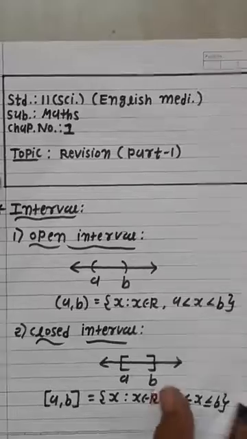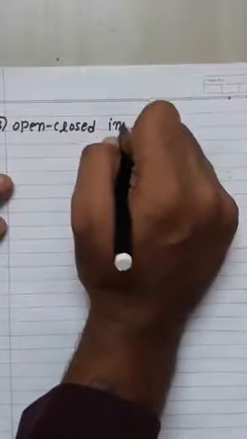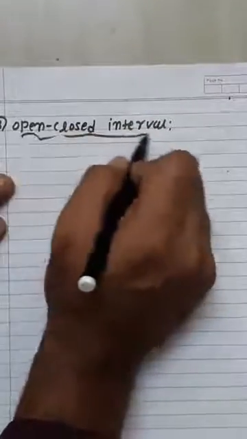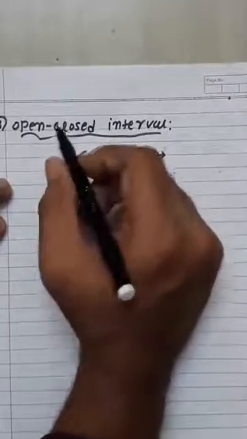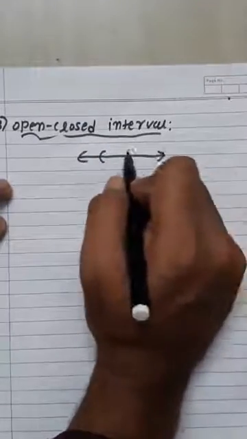Now the third interval, open-close interval. In an open-close interval, the first position is the open position, so we write the open form, and after that the close position is present, so we write the close form.